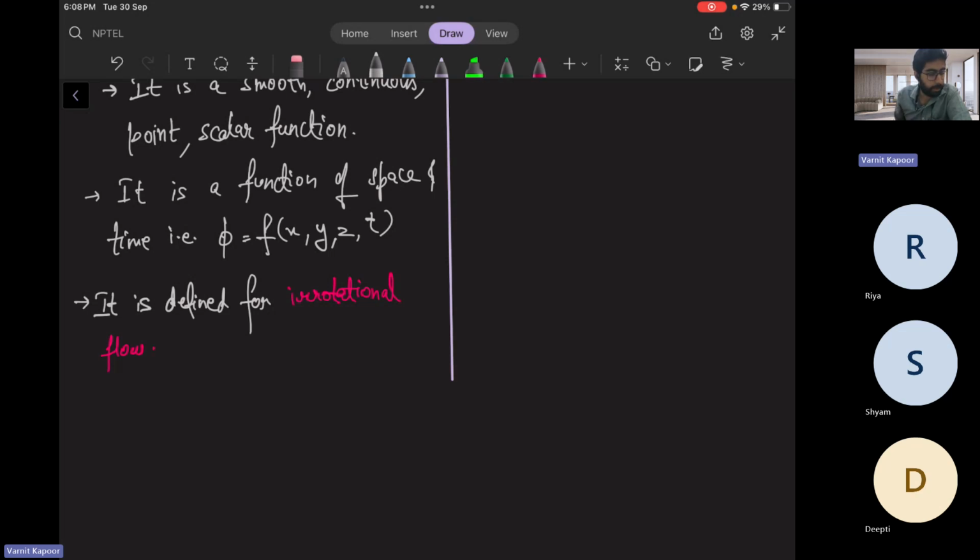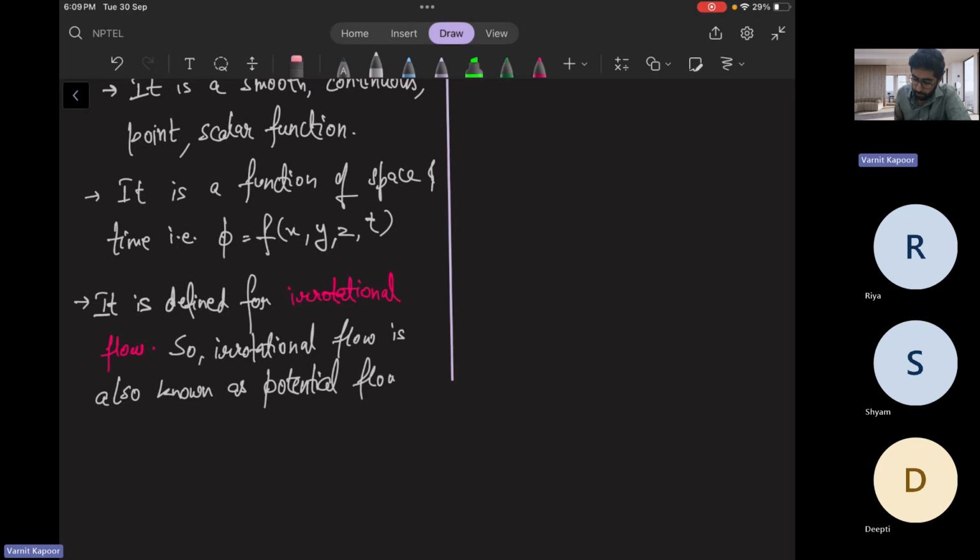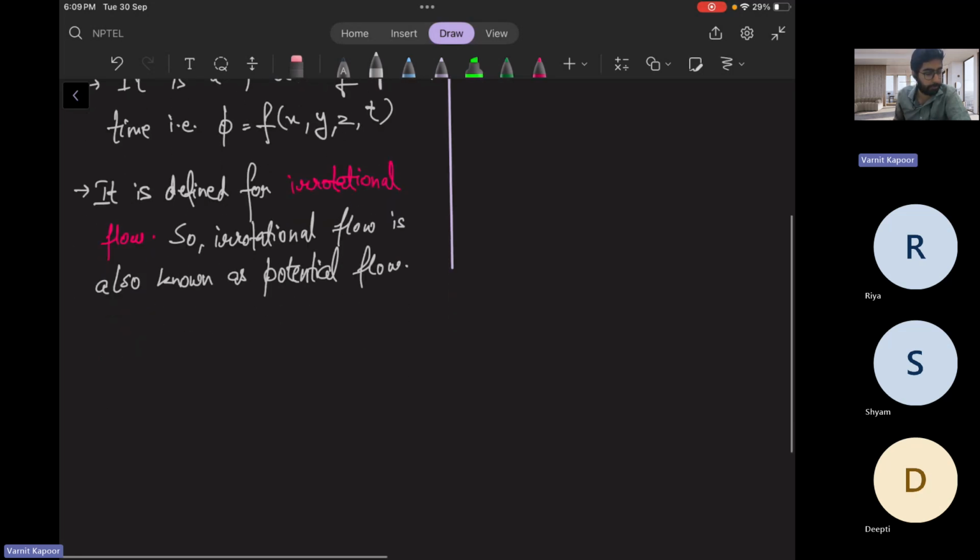Irrotational flow is also known as potential flow, and it is defined in such a way.